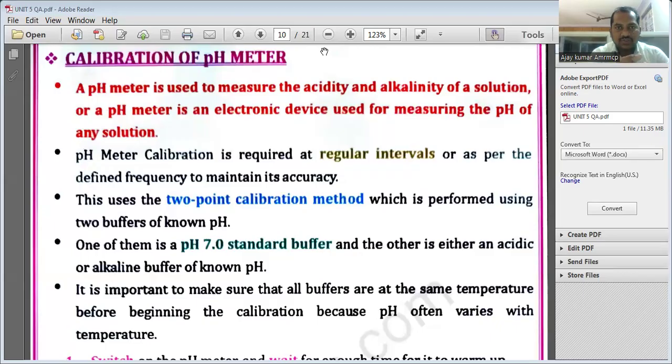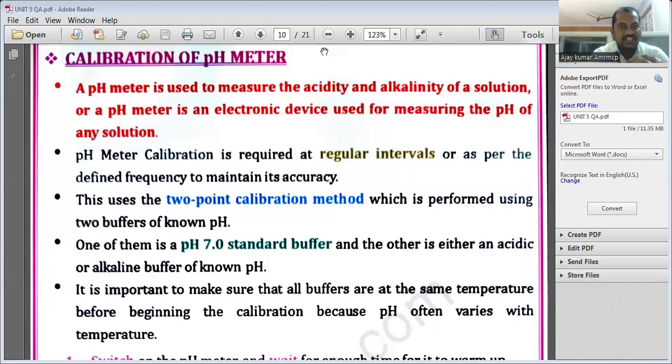What are we going to calibrate here in the pH meter? We are going to calibrate the function of the electrode that is being used in the pH meter and the functions of the pH meter equipment. The pH meter is used to measure the acidity as well as the alkalinity of the solution, or it is an electronic device used for measuring the pH of any solution.